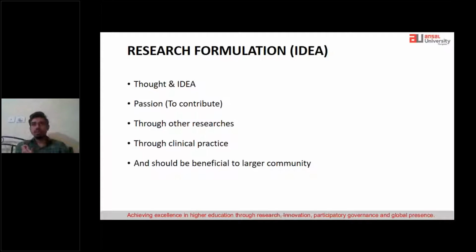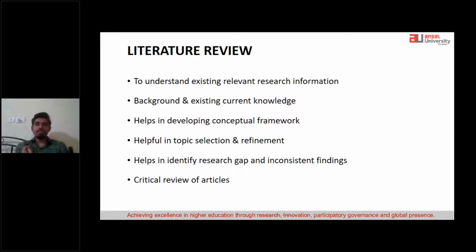Now, once you generate the idea of research, you start doing a literature review. A lot of us don't know how to start a literature review. As I said in the beginning also, it gives us an understanding of the existing information.